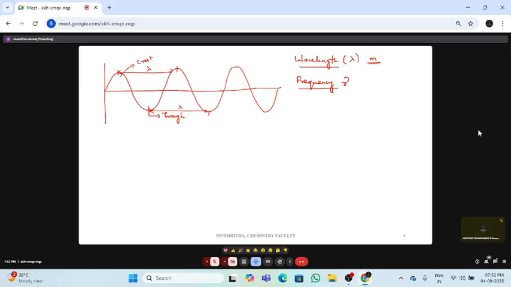All these waves are moving. They are not stationary waves, they are moving. Now I'm going to consider a point here. The number of complete waves crossing this particular point in 1 second is called frequency. See, this is a kind of wave. I'm going to draw another type of wave here.